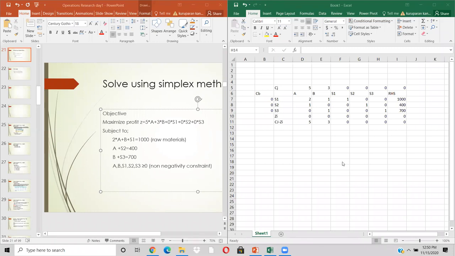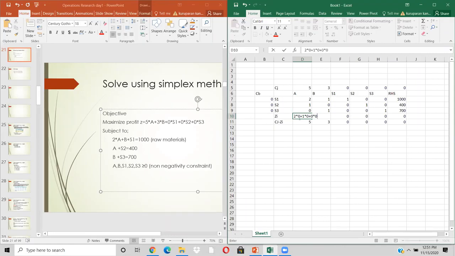I will again explain how we get zj here. zj is calculated by multiplying this. For this one, you have to look at this column. 2 times the respective value here is 0. 2 times 0 plus 1 times 0 plus 0 times 0.